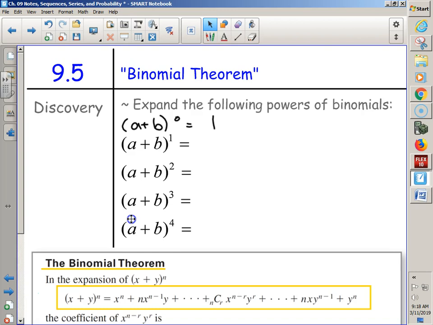And then AB squared and 2AB squared will be 3AB squared, and 2A squared B and 1A squared B. Interesting. So that's going to be A cubed plus 3A squared B plus 3AB squared plus B cubed.